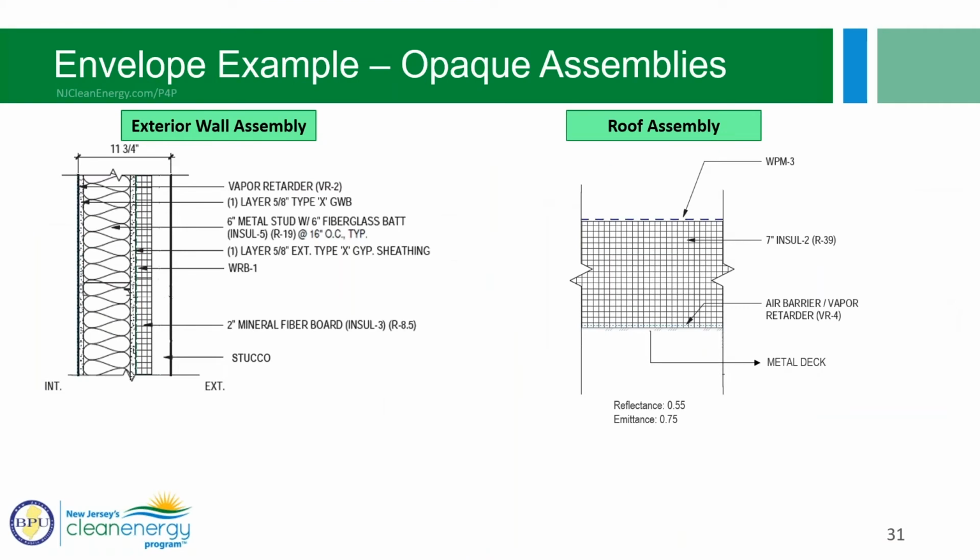So we'll do an example again, going from design docs to the compliance form. So we've got two opaque assembly examples here. We've got an exterior wall.